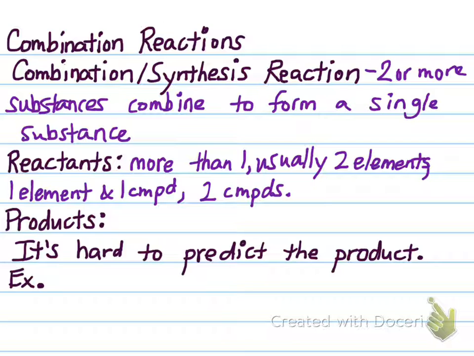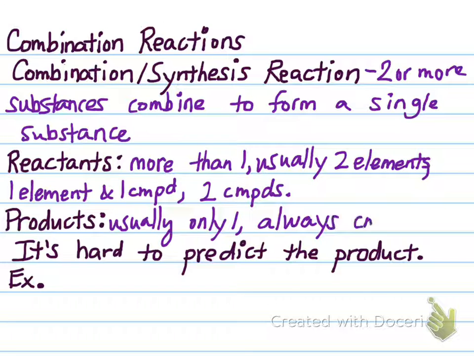Again, if we look back at our definition of a combination or synthesis reaction, we see again 2 or more substances combine to form a single substance. So for products here, okay, there's usually only one. For your purposes, there will just be one. And it's always a compound.